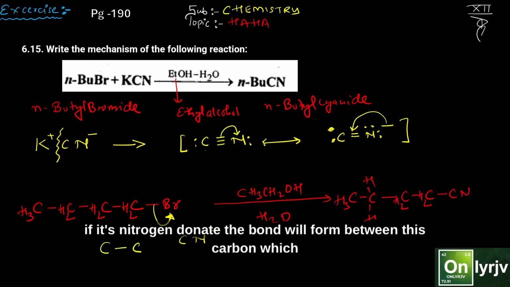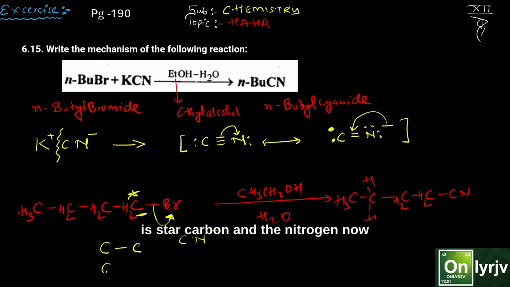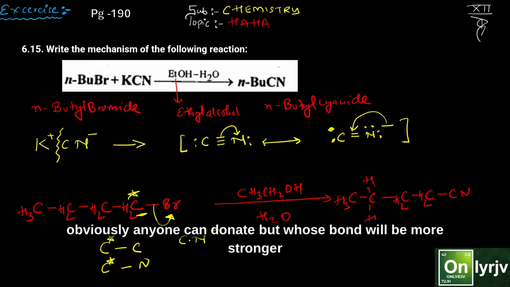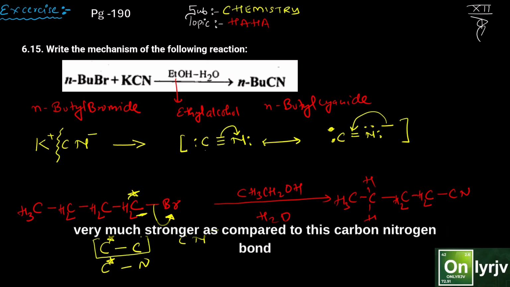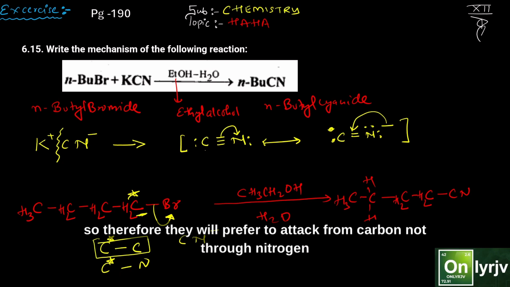But if nitrogen donates, the bond will form between this carbon, which is the star carbon, and the nitrogen. Obviously anyone can donate, but whose bond will be stronger, more stable? The carbon-carbon bond is very much stronger compared to the carbon-nitrogen bond. Therefore, it will prefer to attack from carbon, not through nitrogen.